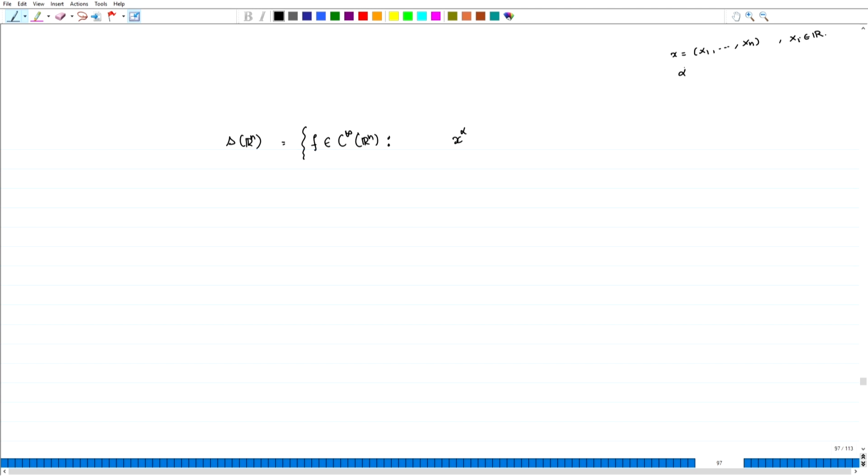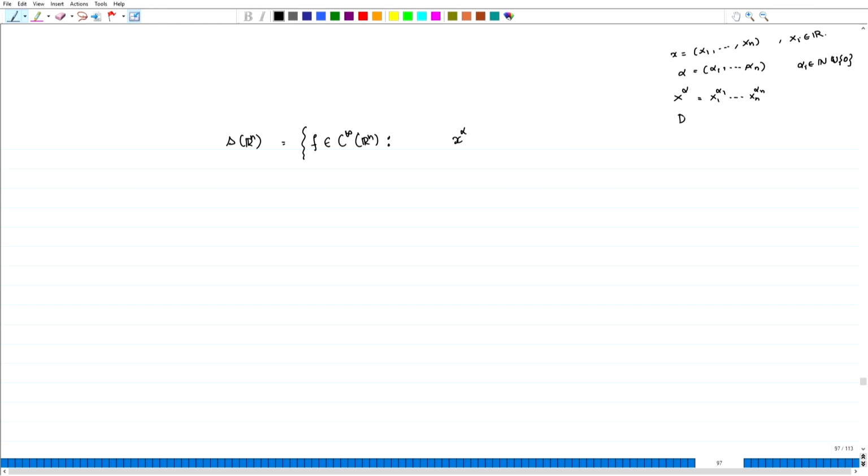and alpha is the multi-index alpha 1 to alpha n, where the alpha i's belong to the non-negative integers. Then we have defined x to the power alpha as x1 to the power alpha 1 up to xn to the power alpha n.